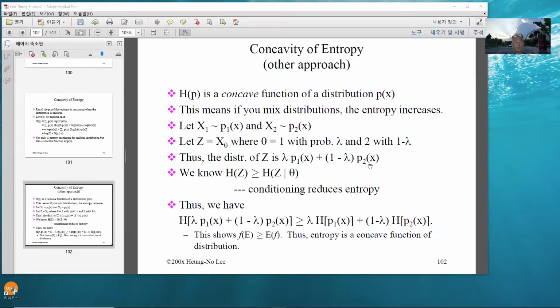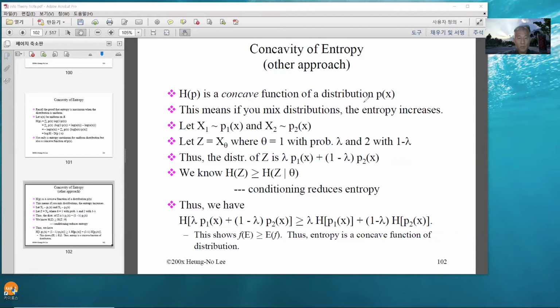then we can show the entropy of Z. Entropy of Z is the entropy of this distribution, and the entropy of Z given theta. So entropy of Z given theta can be written as this one right here, right?